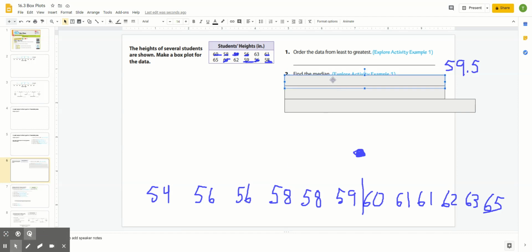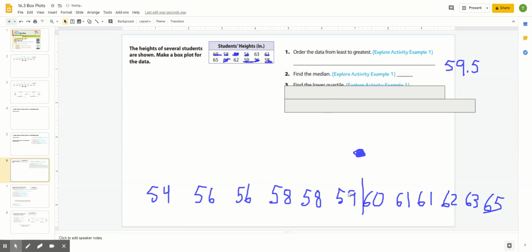Next one, find the lower quartile. So I need to find the median now. Since I have 1, 2, 3, 4, 5, 6, it's going to be here in between these two, 56 and 58, that's going to be 57. If you can't see that, you take the 2 in the middle, add them together, and divide by 2.